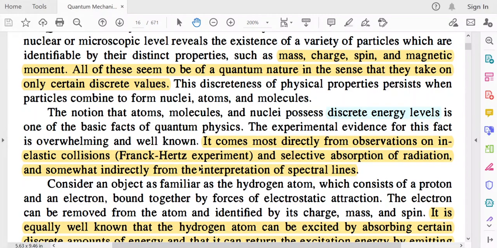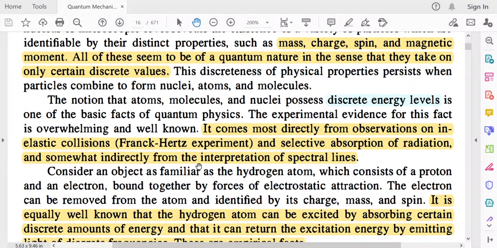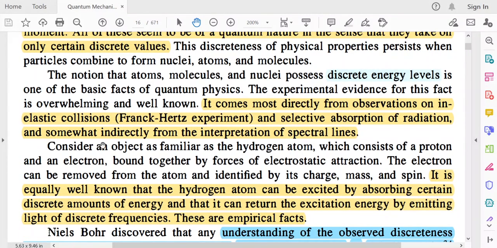And it can be indirectly shown from the interpretation of spectral lines that originate from the radiation from or between different energy levels. So these are the direct and indirect experimental evidence of discrete energy levels.